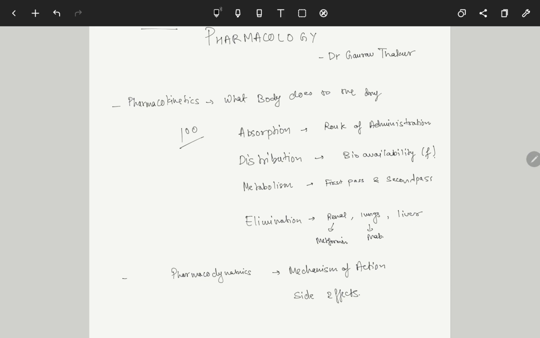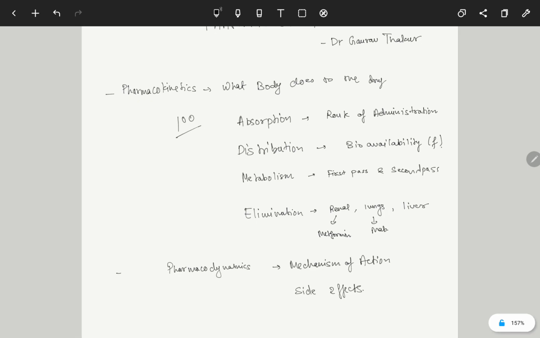Distribution of the drug basically involves this concept of bioavailability. I will explain about this later. Metabolism is the sum total of all chemical reactions in the body. Metabolism here in this context is first pass metabolism and then second pass metabolism.